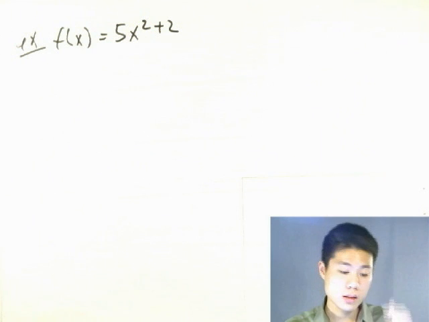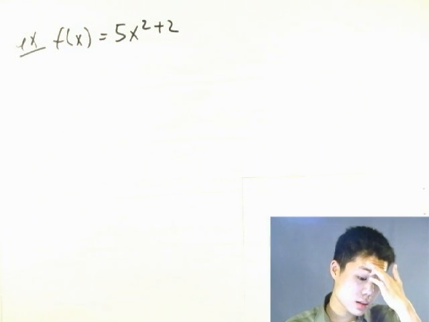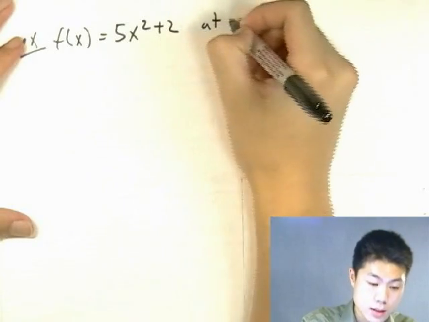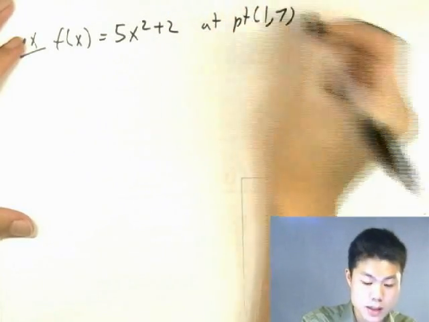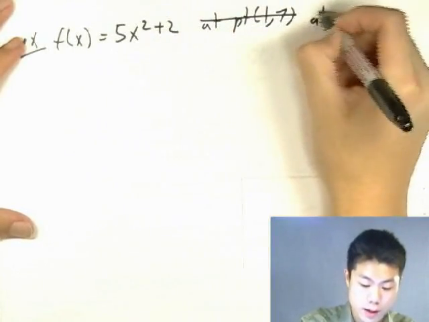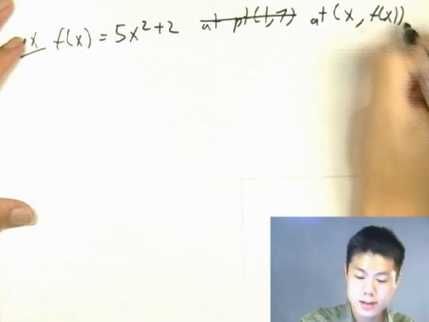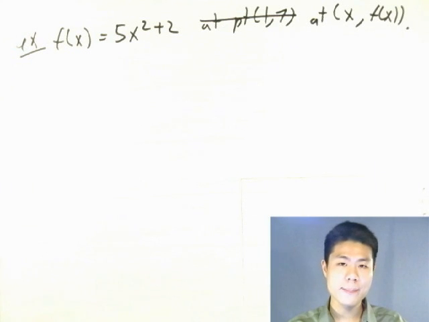Instead of finding it at 1, 7, I'm going to find it at x, f of x. I'm not going to specify which point I want to find the slope at. I want to come up with an equation that can describe the slope for all points.